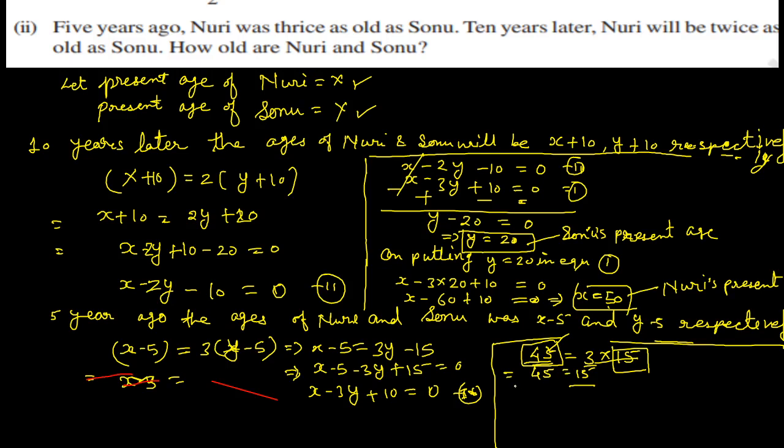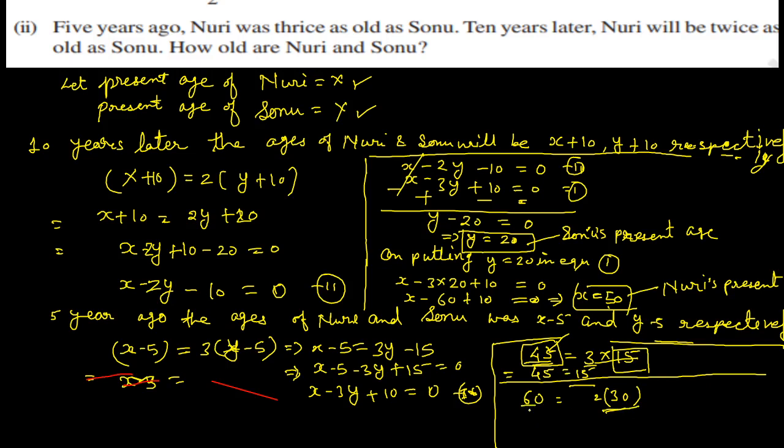And after 10 years, Noori will be 60 years and Sonu will be 30 years. This is the second condition: Noori will be twice as old as Sonu after 10 years.